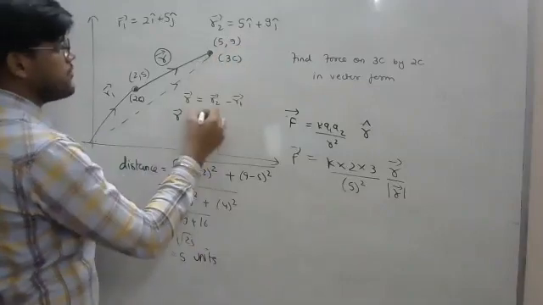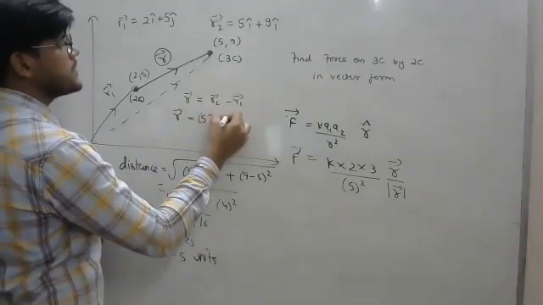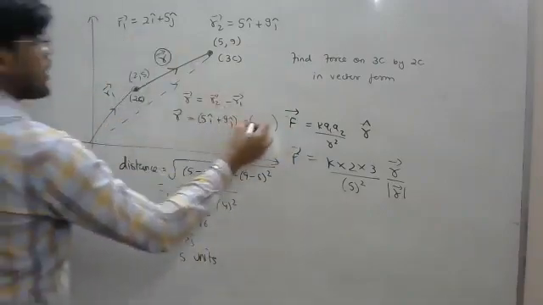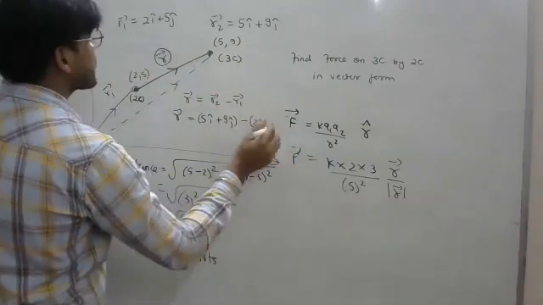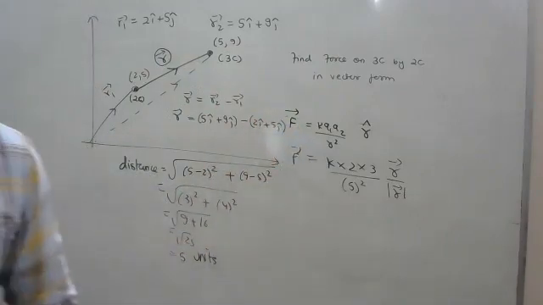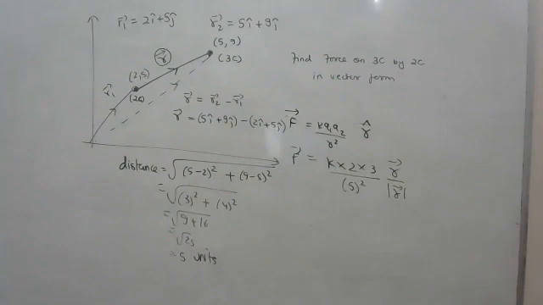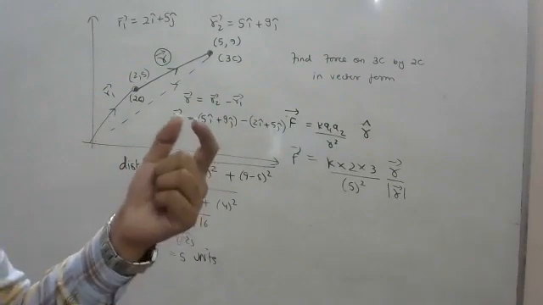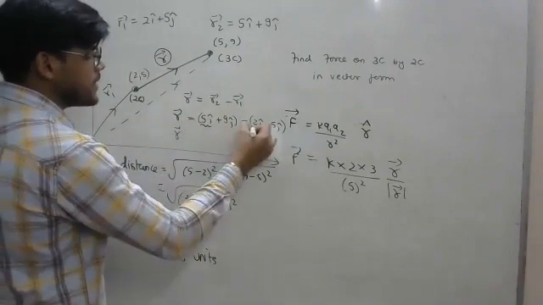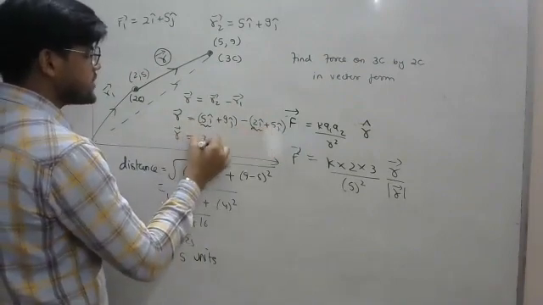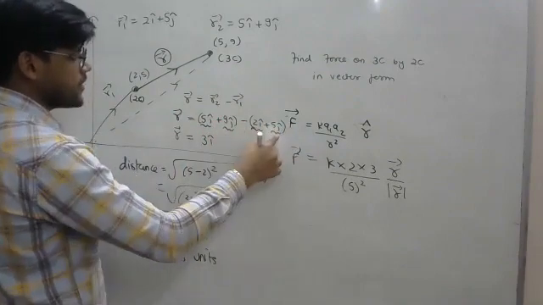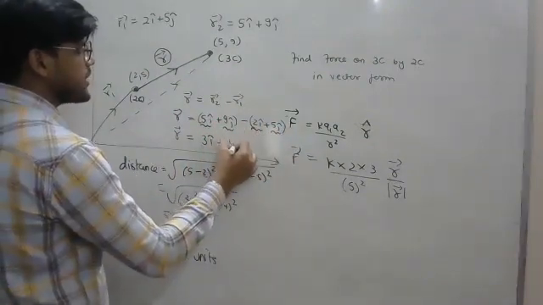R2 is 5i cap plus 9j cap minus R1, which is 2i cap plus 5j cap. Now when you have to subtract them, you will subtract the i component from the i component and the j component from the j component. 5i minus 2i, so this is 3i. 9j minus 5j, so this will be 4j cap.